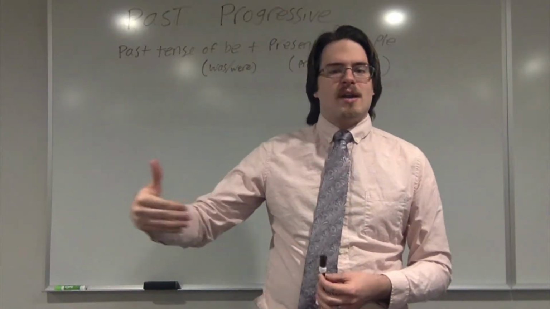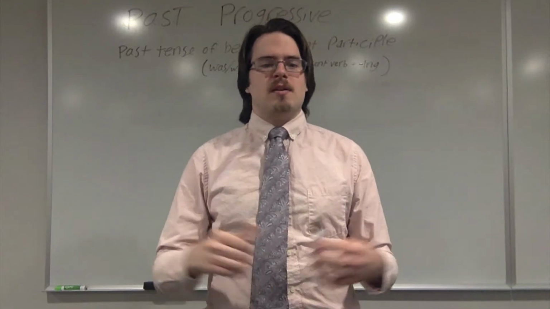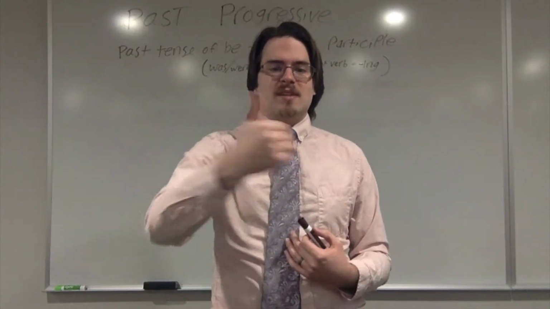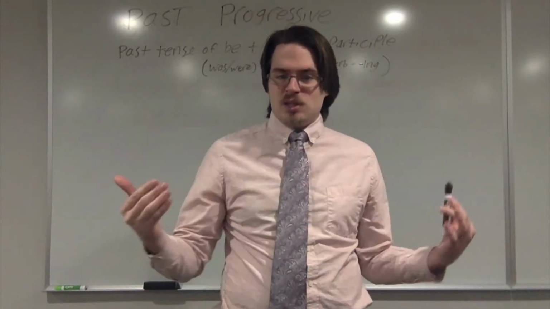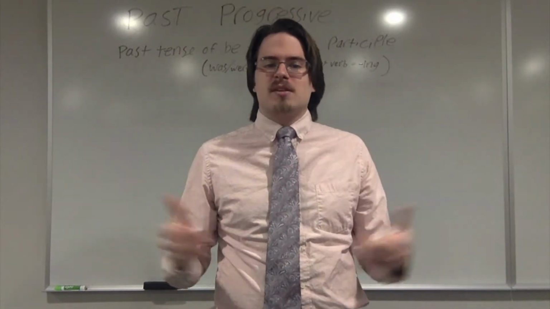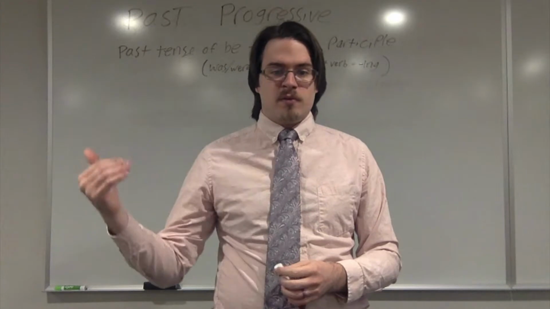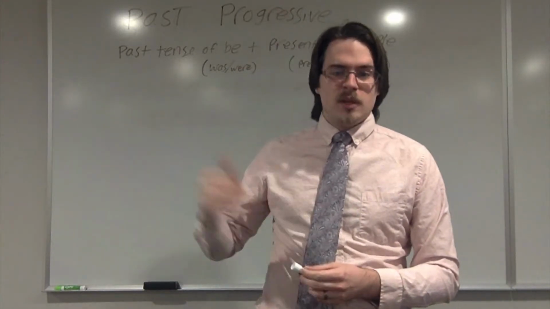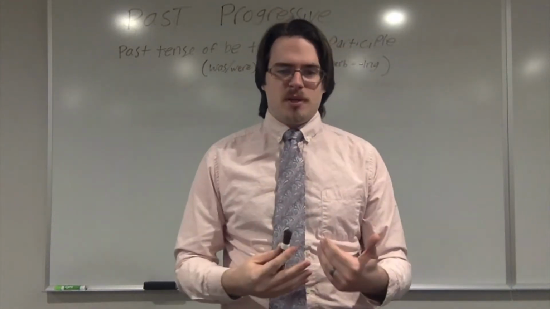This is because the present participle carries the weight of communicating the progressive nature of the action, these ing words. They often tell us that something is in the process of happening, while that auxiliary verb, was or were, tells us when it is happening.